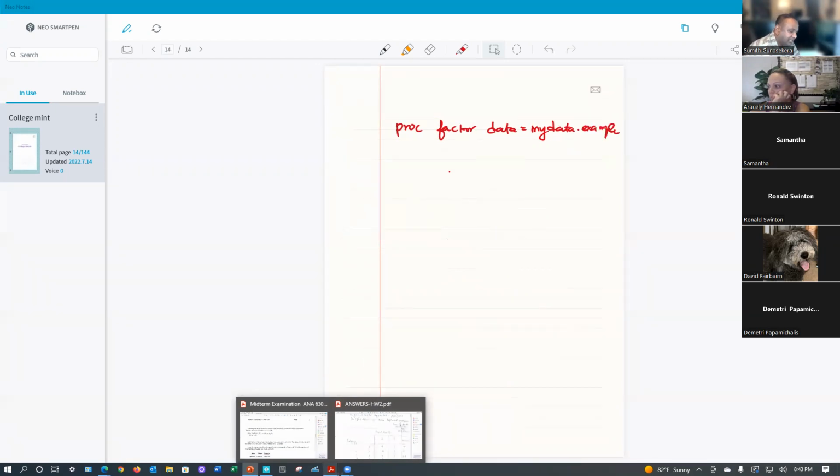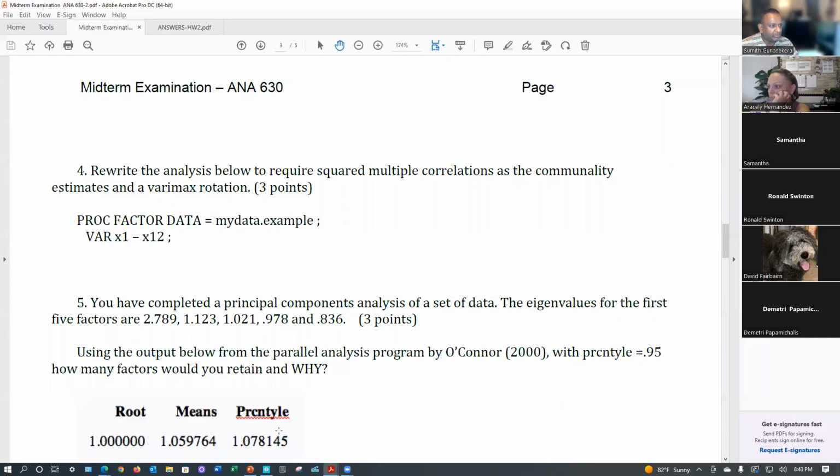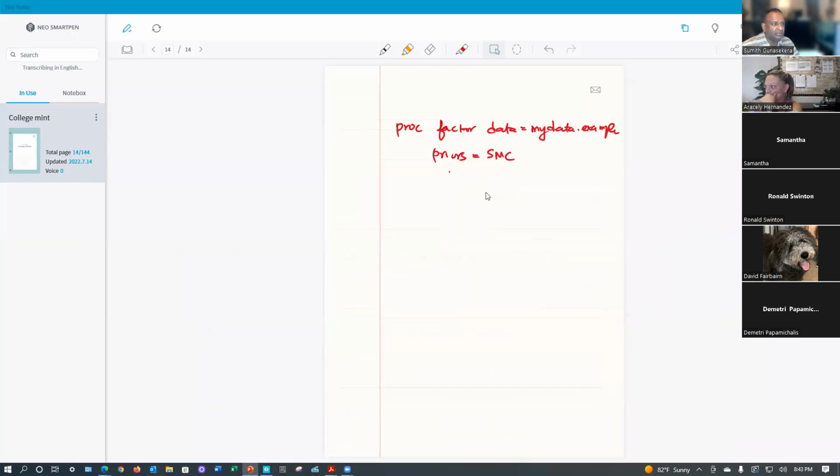Then you go to the priors. They are looking for squared multiple correlation. So priors equals squared multiple correlation, and rotate equals Varimax. You include that, and you put the data, and this is the procedure.